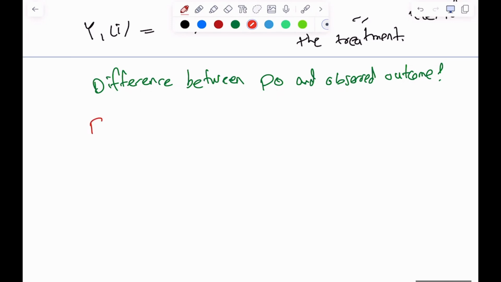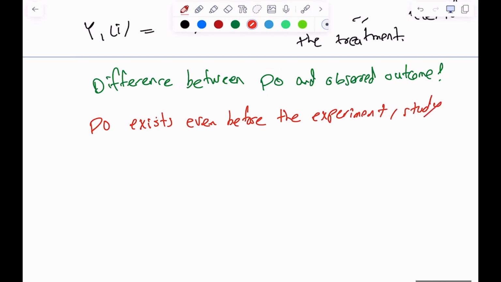So I write it down: potential outcome exists even before the experiment or study. That's super, super important. Then at some point, we decide to do a study. We decide to run the experiment. We give certain people treatment. Once we give these people treatment, we look at their outcome.